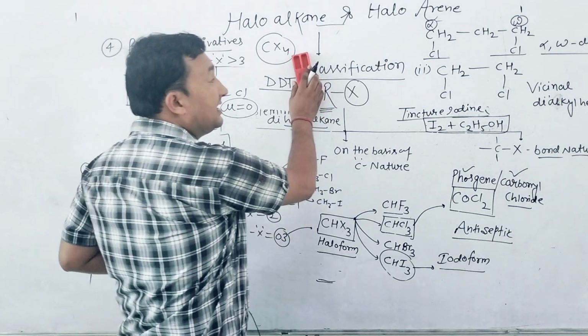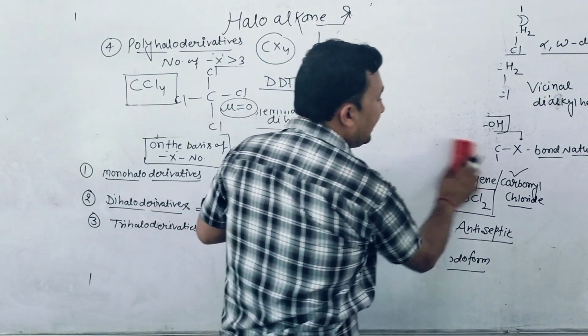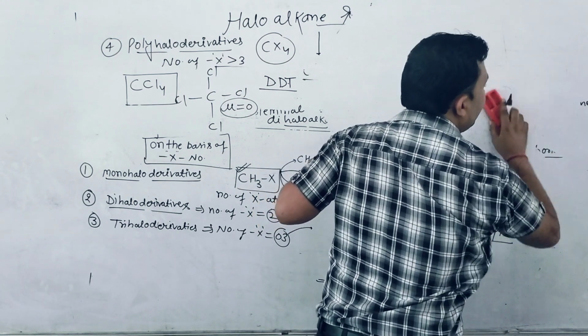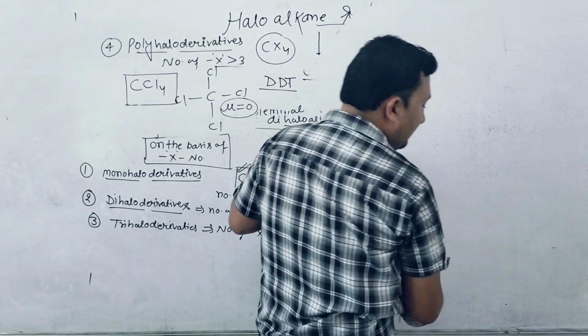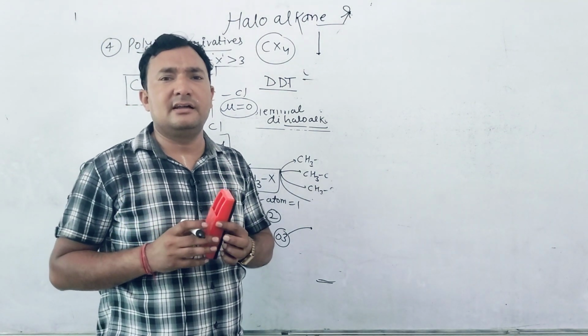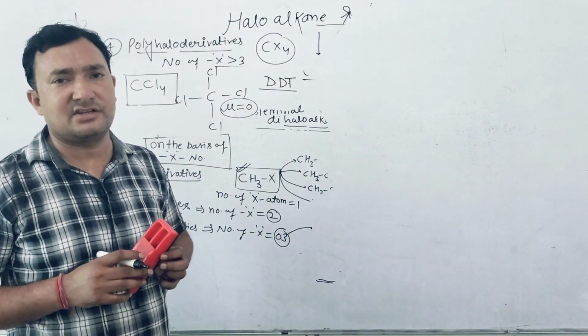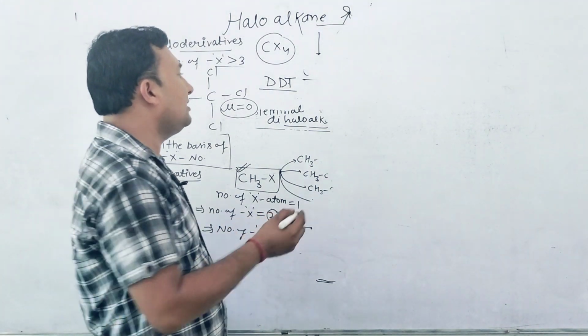Let's talk about that. DDT is a very important chemical because it was a famous insecticide in earlier times. There was a scientist called Paul Muller who, in his famous laboratory, produced such compounds in an artificial manner.